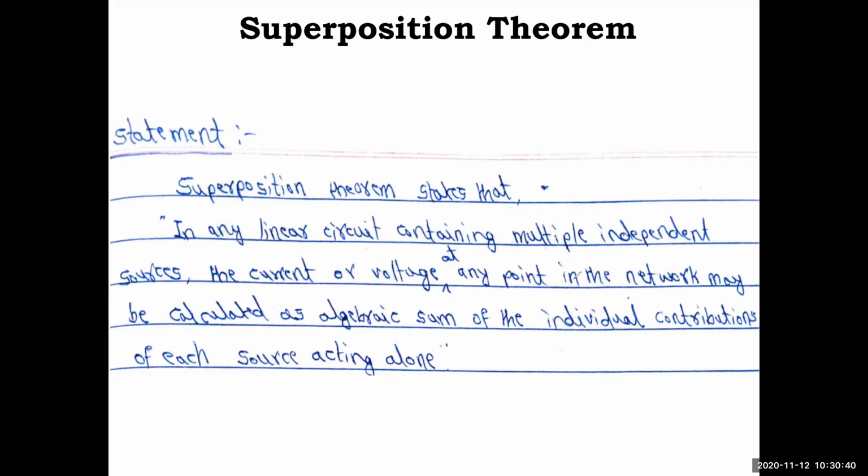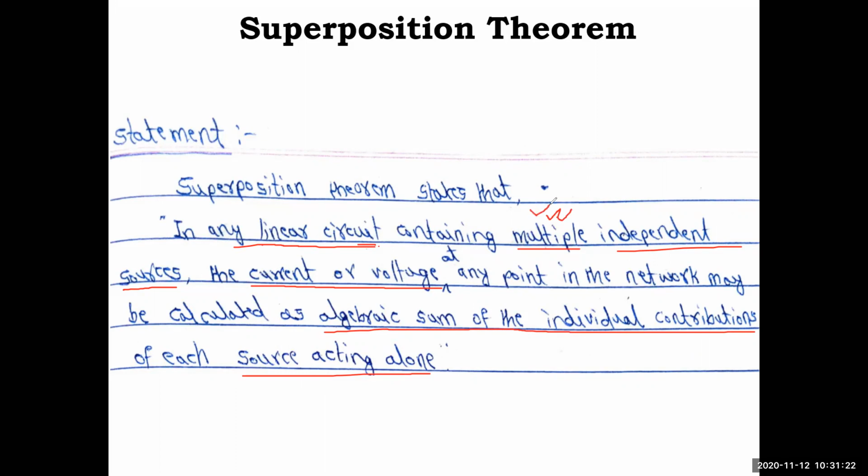In a linear circuit containing multiple independent sources, meaning excitations, the current or voltage at any point in the network, meaning the response, may be calculated as the algebraic sum of the individual contributions of each source acting alone.